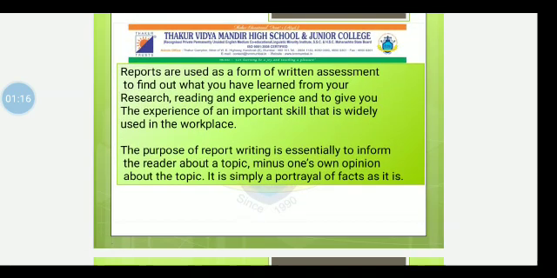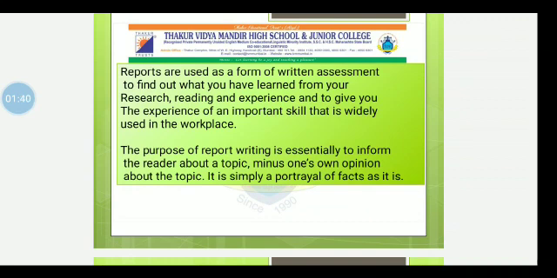How do we go about doing this? So, what are they used for and why? Reports are used as a form of written assessment. That means you need to write it down. It cannot be verbal. It is used to find out what you have learned from your research, reading, and experience.